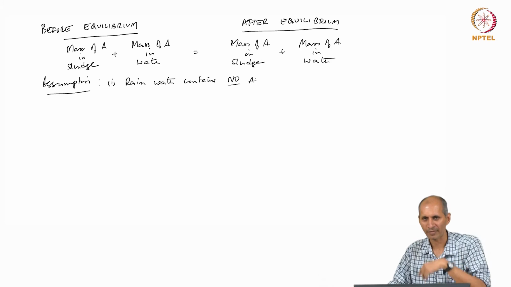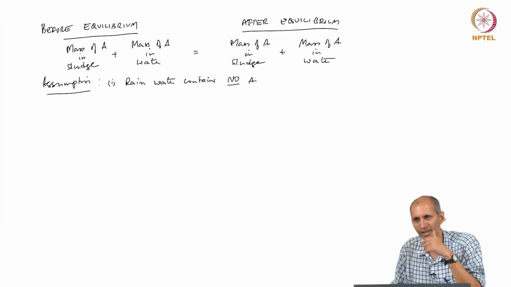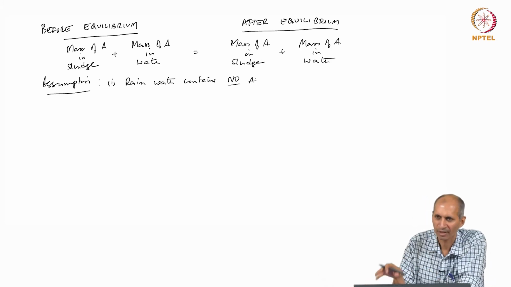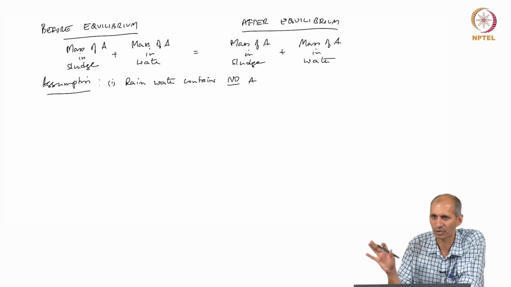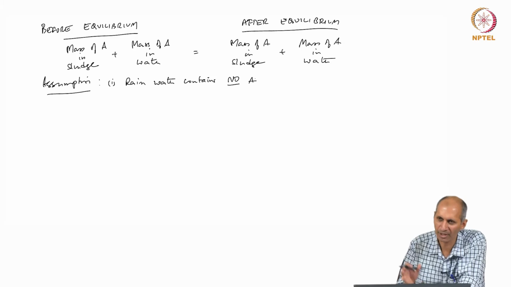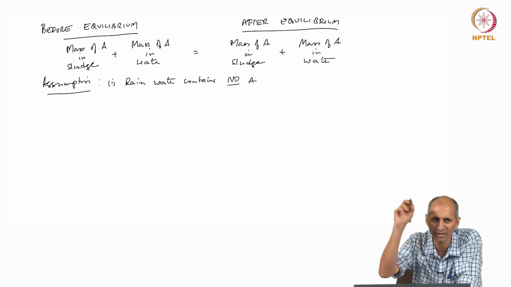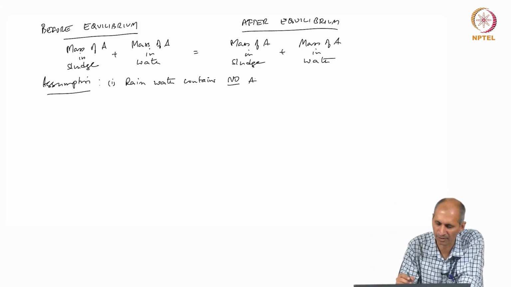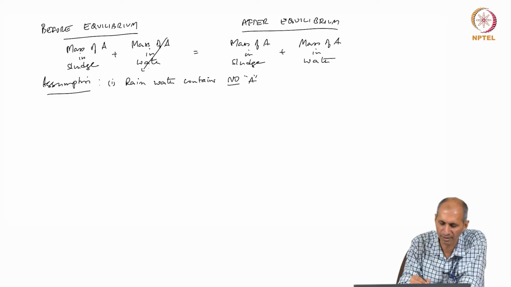Our assumption is that we are not considering wet deposition, there is no A, that is simple. You can add all these complicated cases if you have enough information about the system. You can do it later if you know how to work this, which means that this is 0, okay.